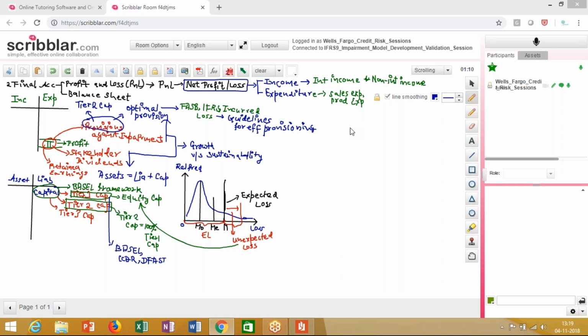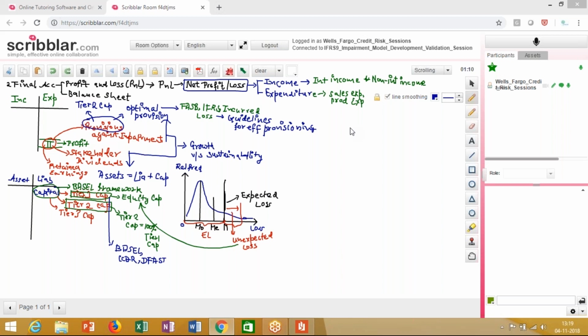So that is the economic capital which a bank has to keep a provision for. No, that is the countercyclical buffer, that is not economic capital. Economic capital is separate.